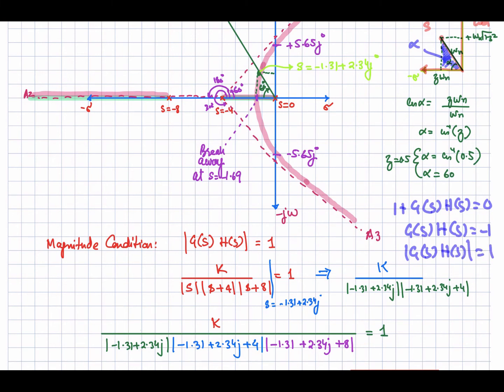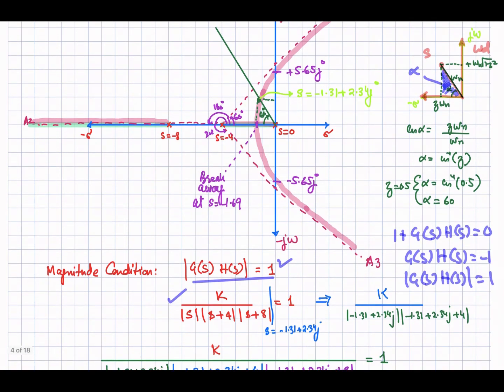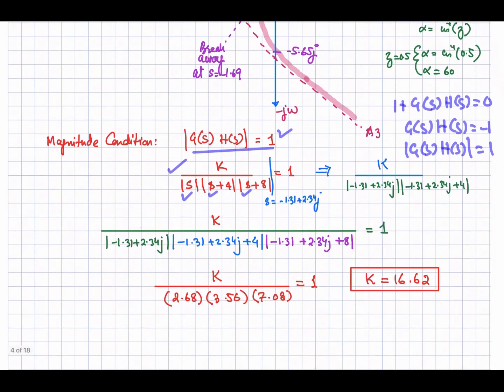Taking the magnitude equal to 1 and writing G(s)H(s) like this, we evaluate it for this pole, minus 1.31 plus 2.34 j. Evaluating at this value of s, we can write this expression like this, and do not consider this part.